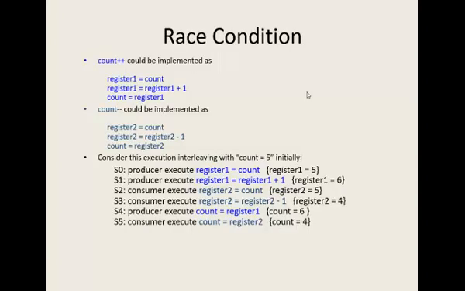So to implement this solution, we have to introduce a new variable called count. Count will be incremented when a producer produces an item, and decremented when the consumer consumes an item.